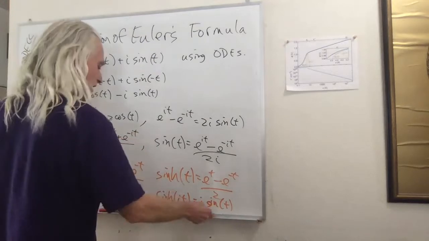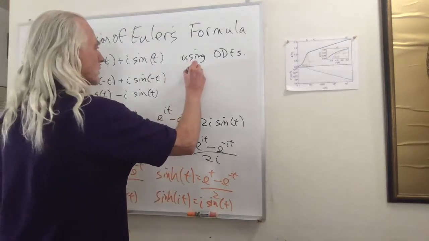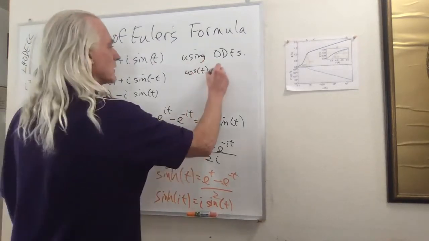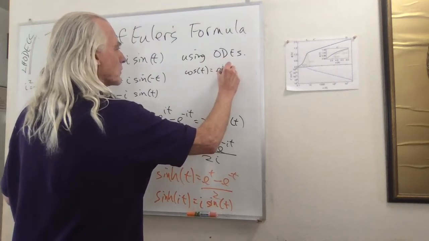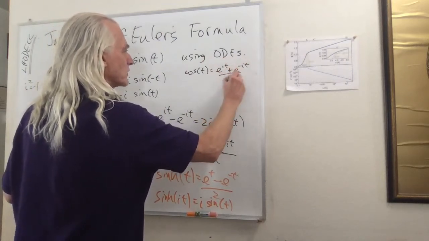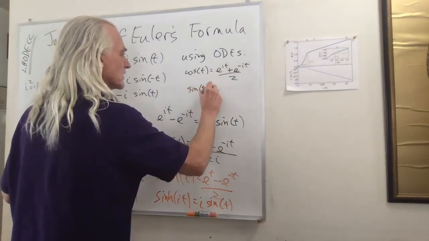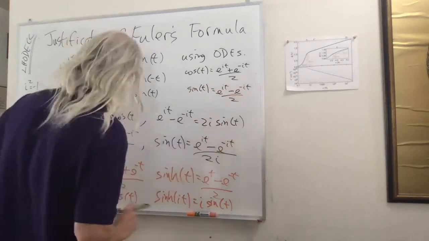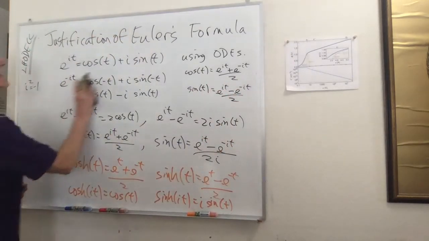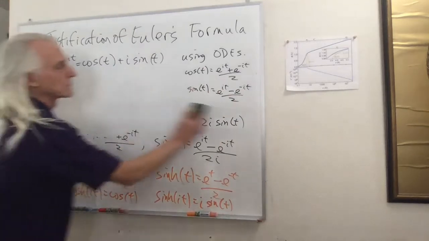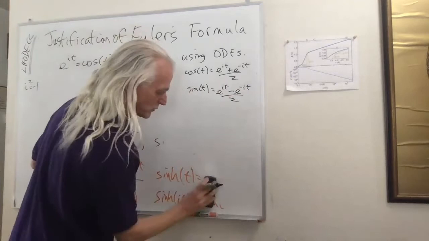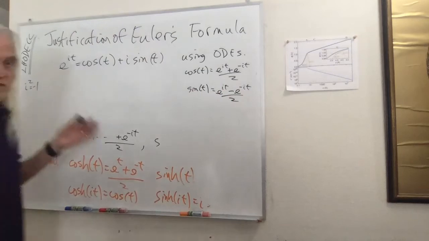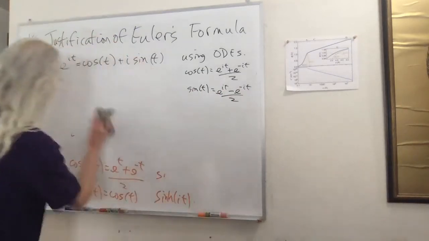I'll write these formulas up here: that cos of t is e to the it plus e to the minus it over 2, and sine of t is e to the it minus e to the minus it over 2i. And often this formula is justified with Taylor's series. But I'm doing it a slightly different way here.